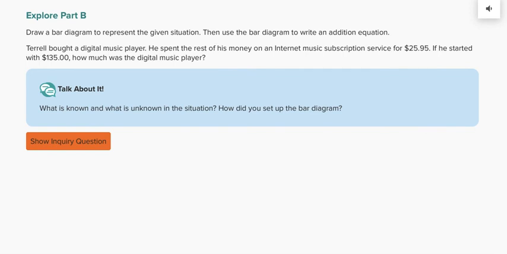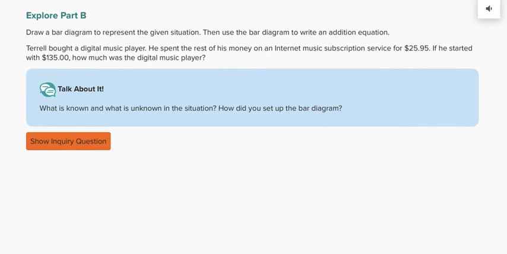Are you ready? Now with your copybook, try to solve the given problem. Terrell bought a digital music player. He spent the rest of his money on an internet music subscription service for $25.95. If he started with $135, how much was the digital music player?